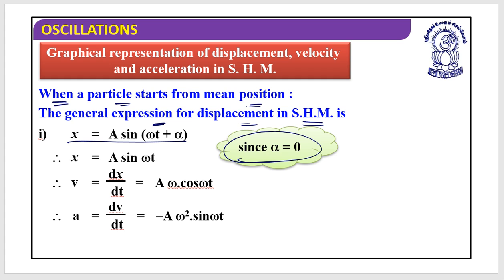If we consider α = 0, then the displacement is x = a sin ωt, and from this, the velocity v = dx/dt = d/dt of a sin ωt, which is aω cos ωt. If I differentiate one more time, then the acceleration a = dv/dt, which is equal to minus aω² sin ωt.